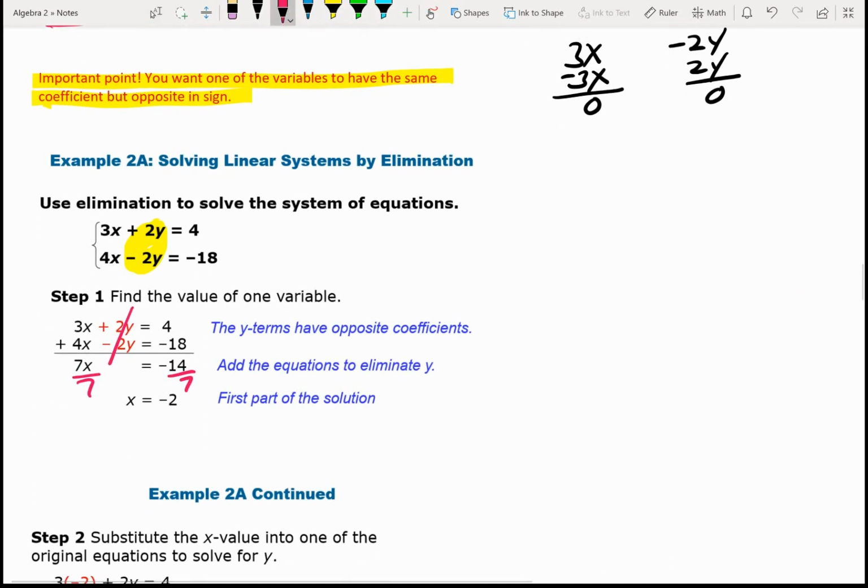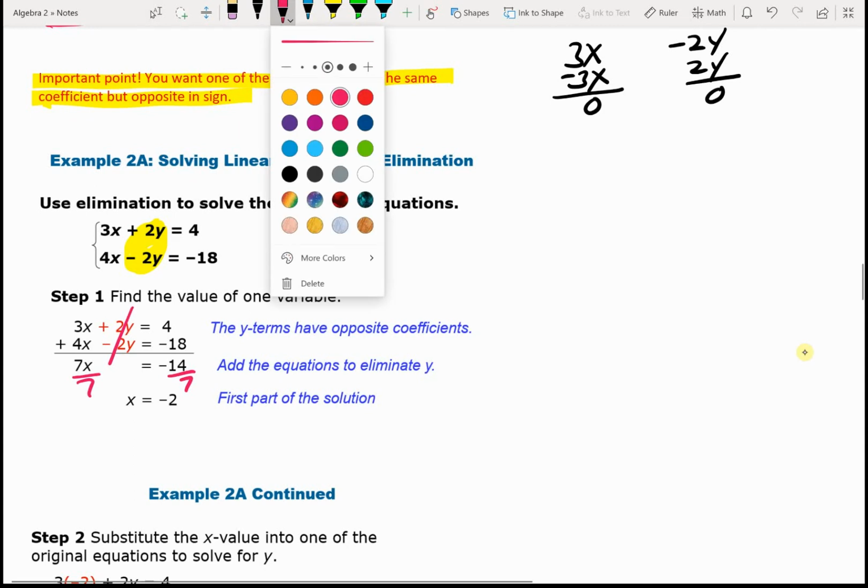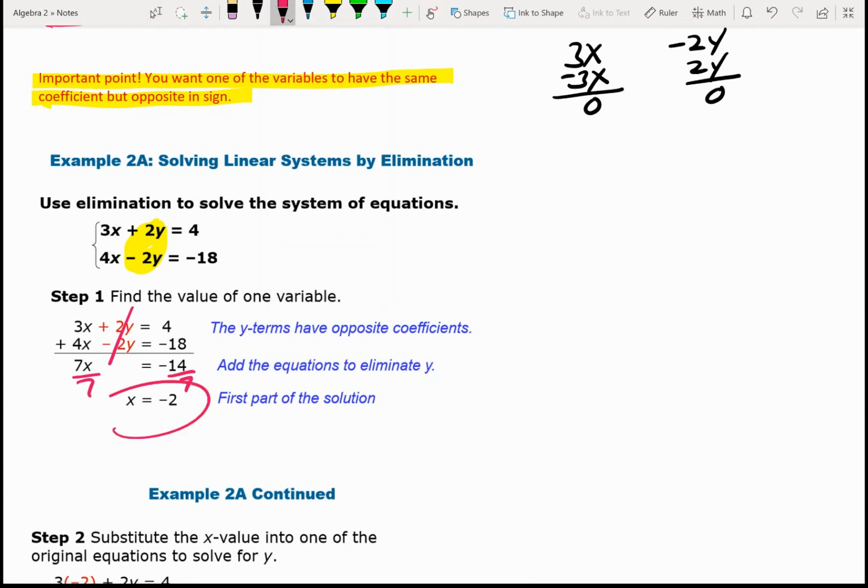So we solved for x, and now we have to solve for y. We'll take x and substitute it into one of the original equations. Either one, it doesn't really matter. I'd say choose the one that seems easiest. In this case, they both seem about the same.